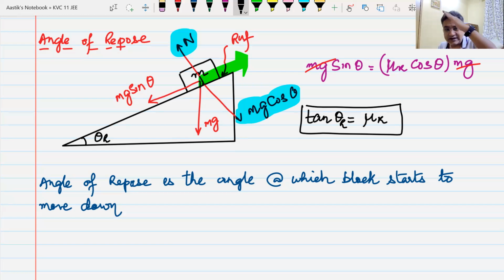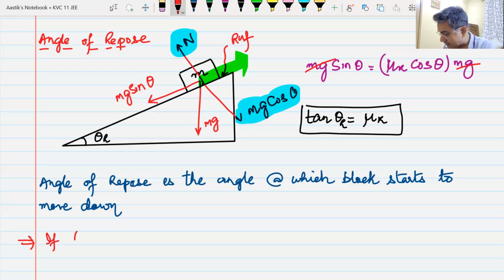If your angle of inclination is more than angle of repose, no one can stop the block from sliding down. Do you understand this? Yes or no? So, what is the condition for block to slide down?